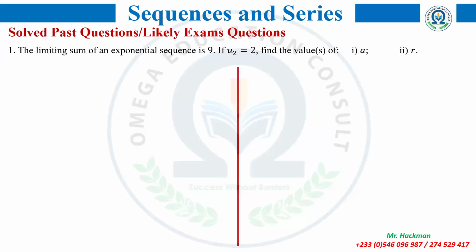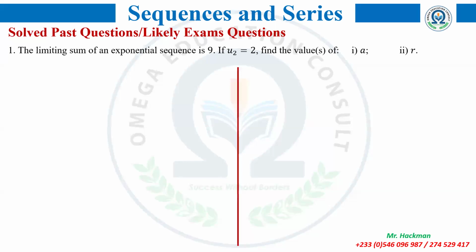In today's lesson, we are going to bring the curtains down on the elective math sequences and series. We'll be looking at solutions to selected past questions and likely exam questions. Some of them are directly picked from the past questions.